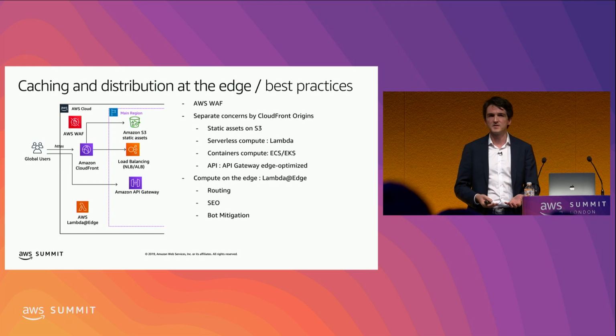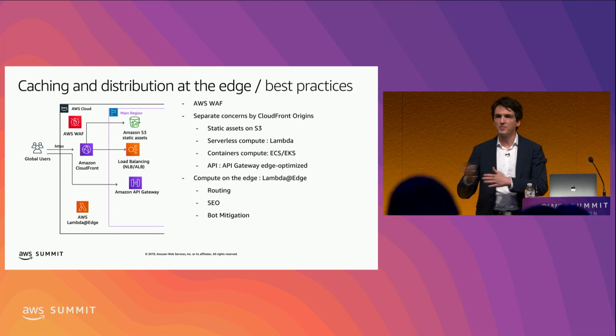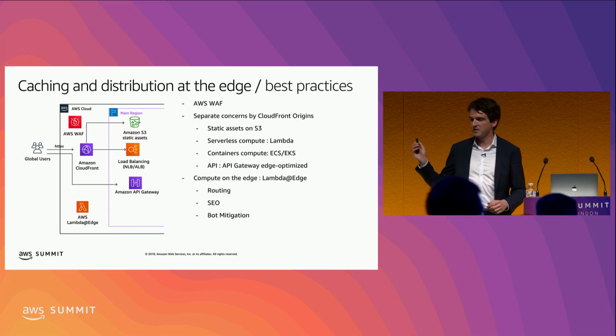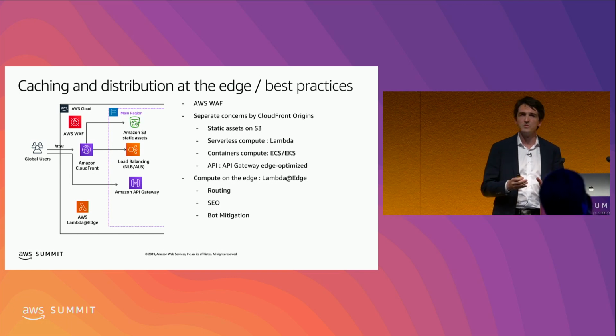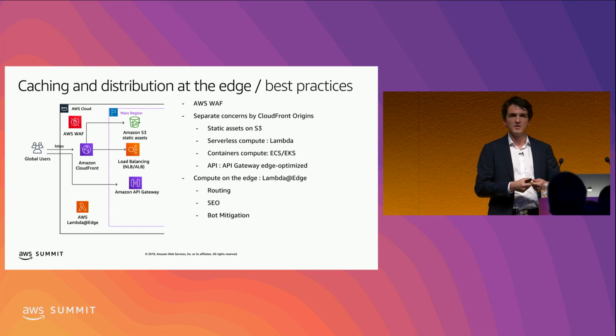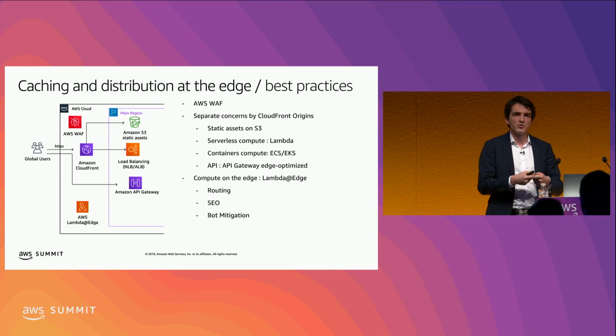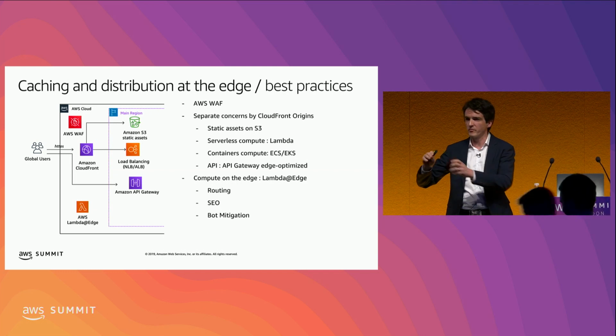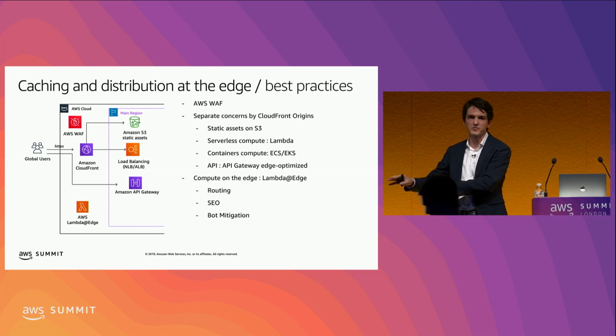And all of this is just routed by CloudFront. And lastly, something that is less known is that Lambda@Edge enables you to do more advanced routing, like bot mitigation, or you can have even one specific product page served by a completely different part of your architecture.